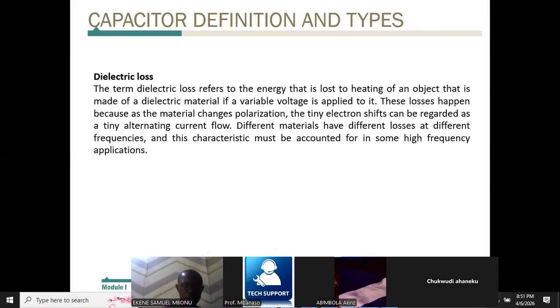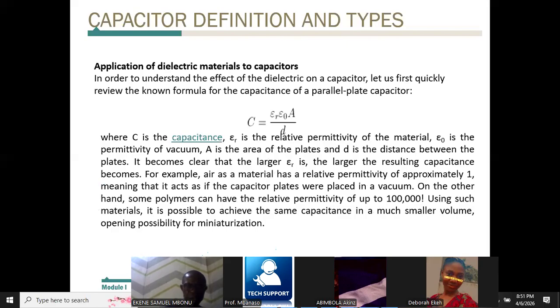So let's continue. Dielectric loss. The term dielectric loss refers to the energy that is turned to heating of an object that is made of dielectric material if a variable voltage is applied to it. We move on.